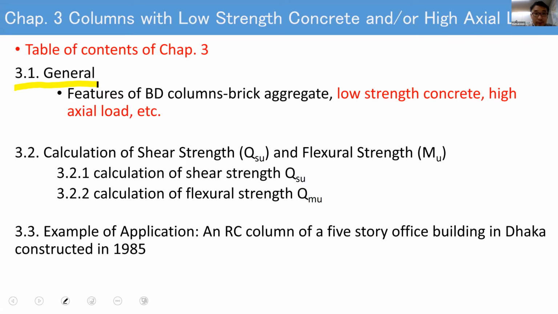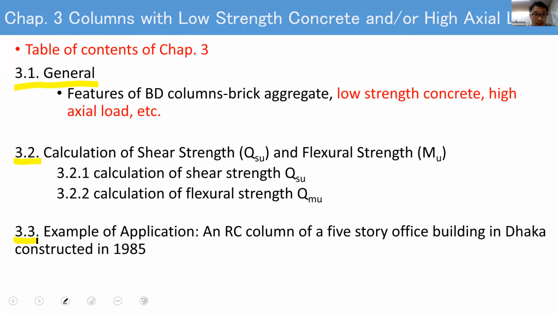In 3.1, features of Bangladesh columns that were mentioned by Rafikul-san and Maeda sensei are written, including brick aggregate concrete, low strength concrete, high axial load, etc. Section 3.2 is calculation of shear strength QSU and flexural strength MU. This is the main body of Chapter 3. And section 3.3 is an example of application. This is just a calculation example.